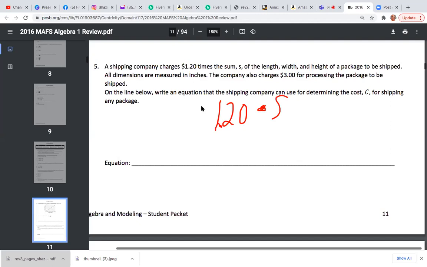That's fine. This is the same thing as 1.20S. It's all multiplication. So you won't get counted wrong. And then some students might even put parentheses around this. That's still the same thing. It's still multiplication. Okay, thank you.